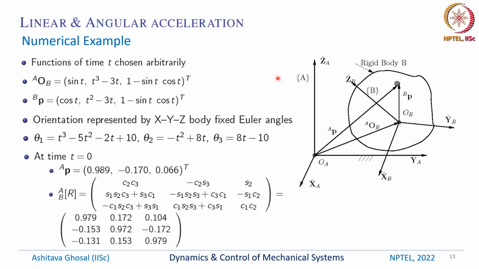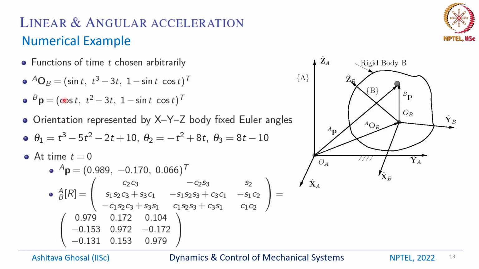Okay, so there's no particular reason why AOB as a function of time is chosen as sine t x component, y component is t cube minus 3t, z component is 1 minus sine t cos t, and so on. It is just to show that given a function of time for all these quantities, how the body is translating and rotating, we can find the terms of the angular velocity, linear velocity, angular acceleration, and linear acceleration.